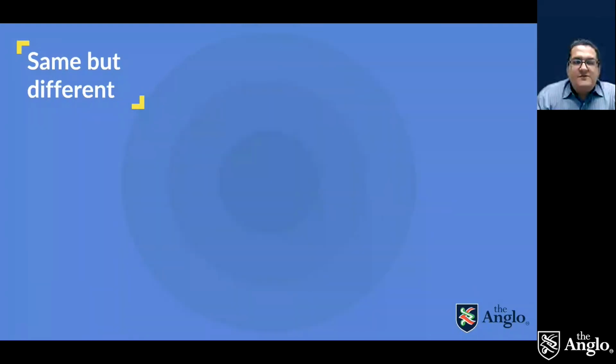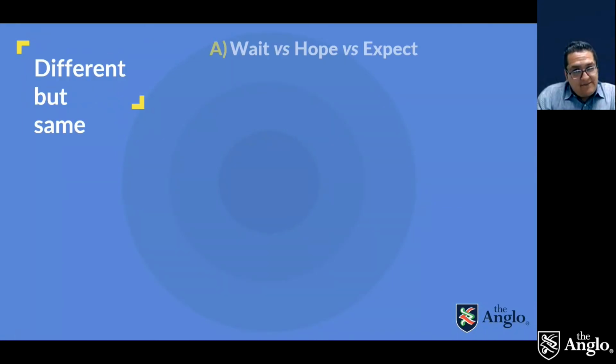So now we are moving to thinking things that are same but different, different but same. We have verbs like wait versus hope versus expect, which all of them kind of convey the same meaning, but they're different, so they're not the same per se. And you might say, why do English speakers have three different words for verbs that mean more or less the same?